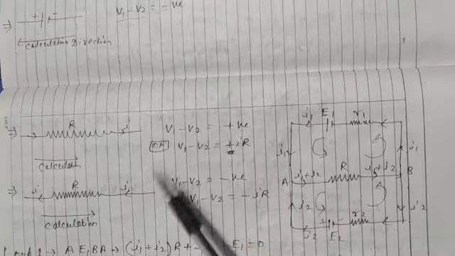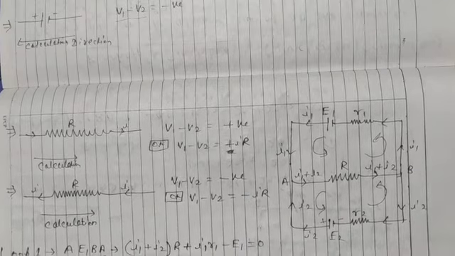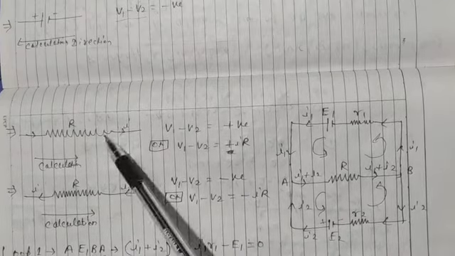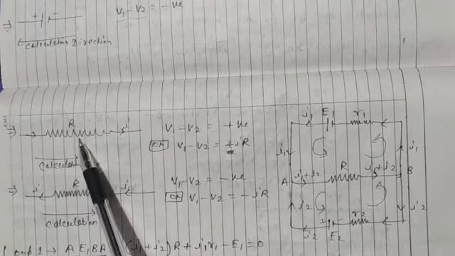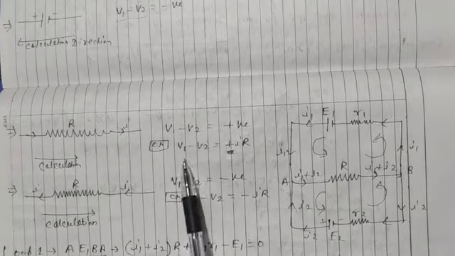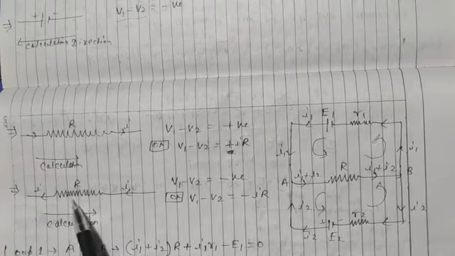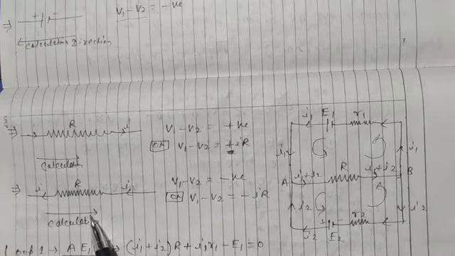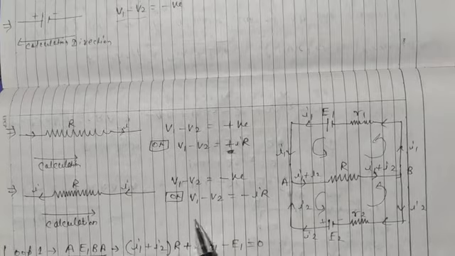According to these rules which we studied in the previous lecture, for resistance, when direction of calculation and direction of current are the same, then potential difference is positive, and when direction of current and calculation direction are opposite, then potential difference is negative.